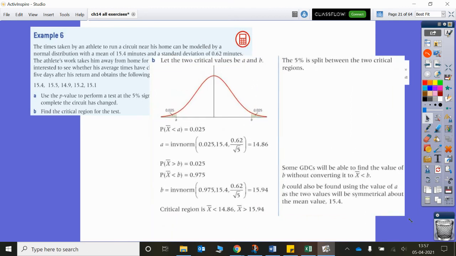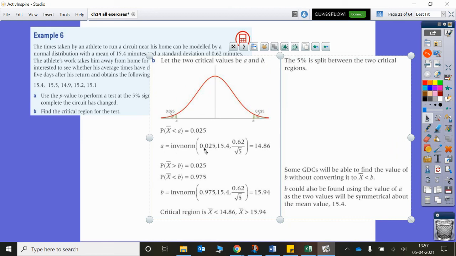So again, there we go. Just as I did, the inverse normal distribution was 0.025, 15.4, and 0.62 divided by the square root of 5 as the standard deviation. It gives us 14.86. They've done the same thing again with 0.975, but again, likewise, you could add this distance onto the mean to get the answer for B there as well.